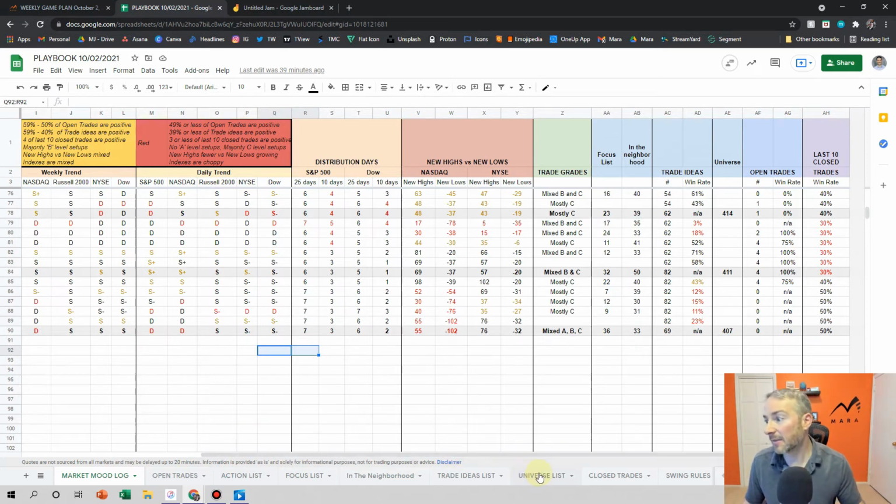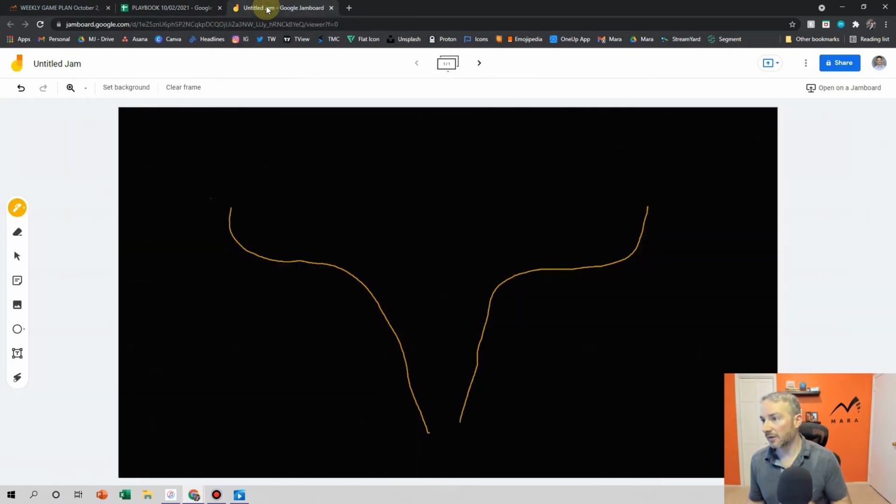Then some of these other tabs here will go through the universe list, the trade ideas, in the neighborhood, focus, action, and open trades. And the way that I like to think of it, and I'll use this illustration here, is to look at it like you have all the different stocks in the market.